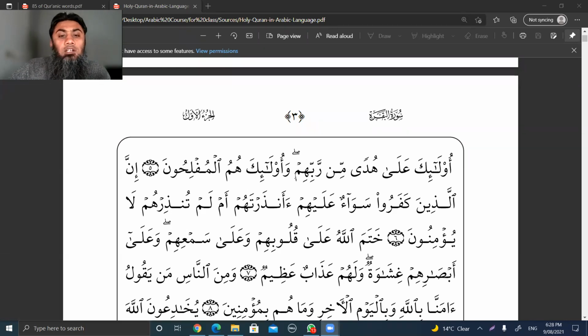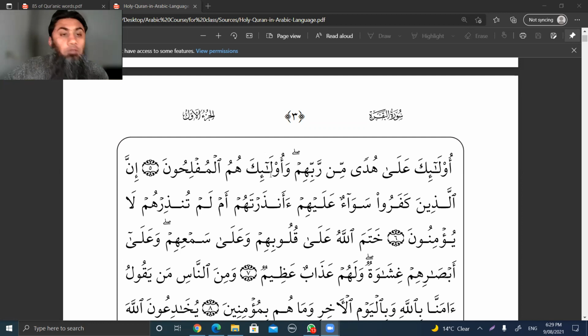Please pay attention. We have learned this point, and maybe you can recall it now. I said in the previous classes, after mubtada, if you get an independent pronoun, it means that this independent pronoun is a sign that your khabar will be a complete sentence on its own.